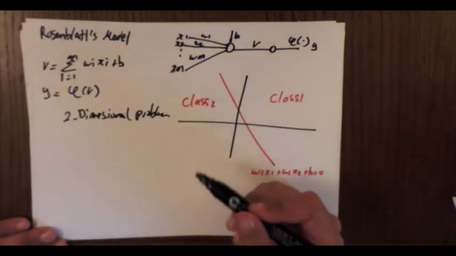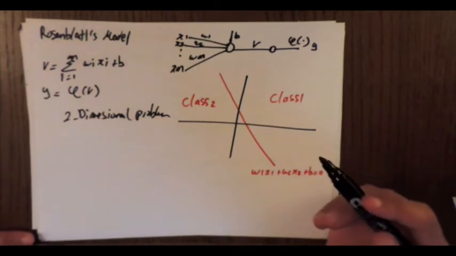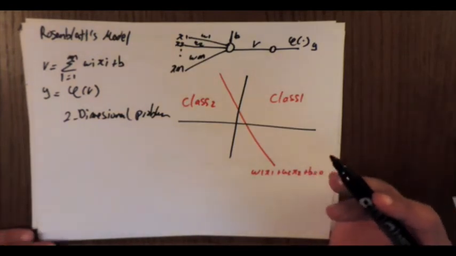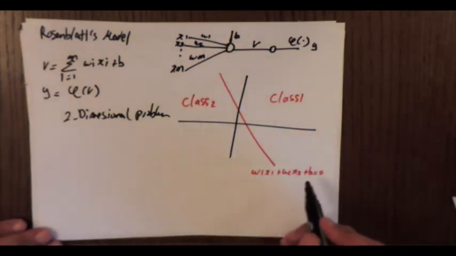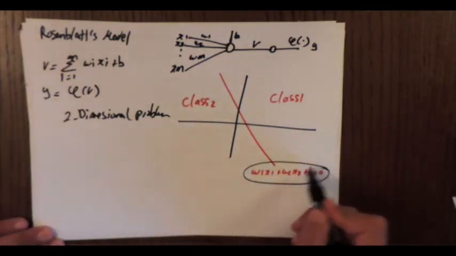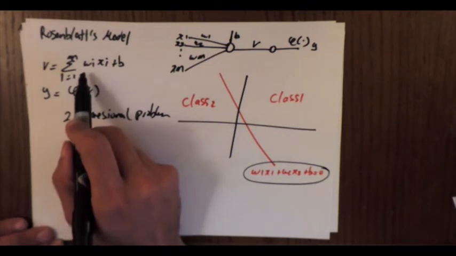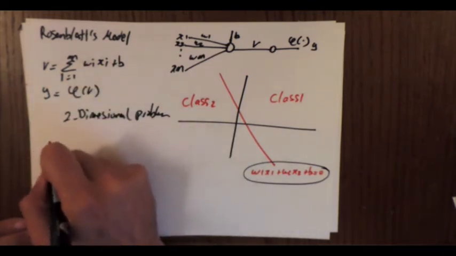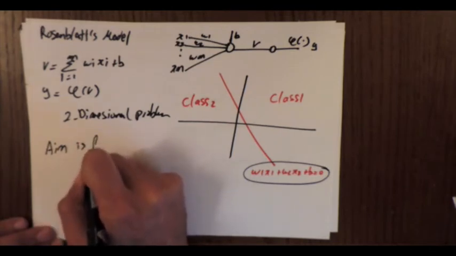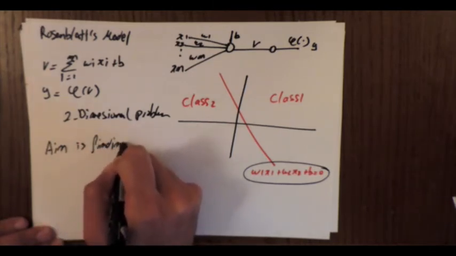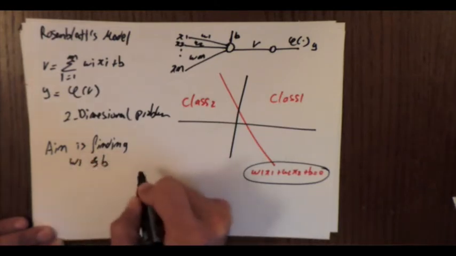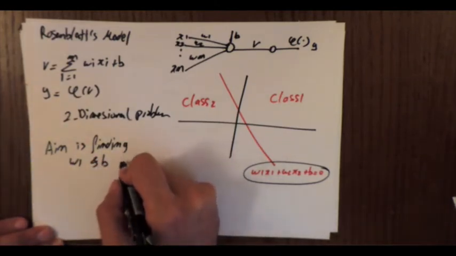We say that the model has learned the classes when we find the equation of this line, which means finding the weights and the bias. My aim is finding wi and b for my specific data.